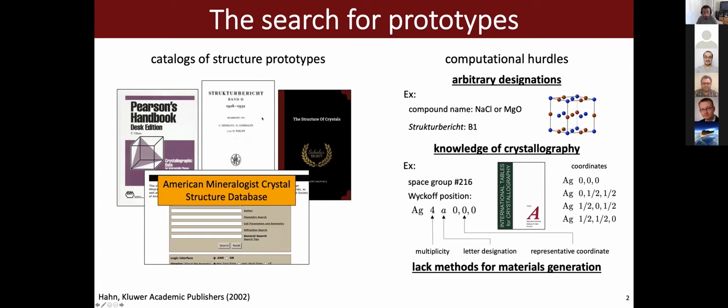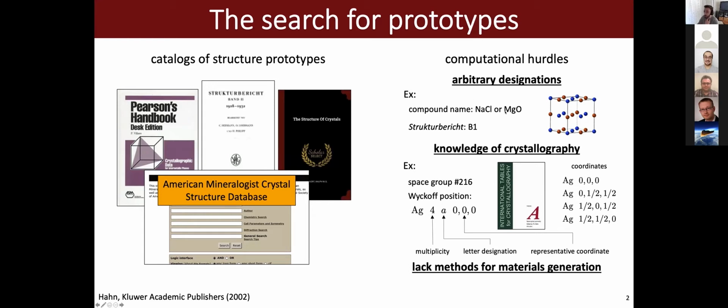The Structure of Crystals and the American Mineralogist Crystal Structure Database. A lot of these resources have structural prototype information, but a lot of these are PDFs, so you can't really generate them in a high throughput fashion. And there are also some other computational hurdles with these resources.